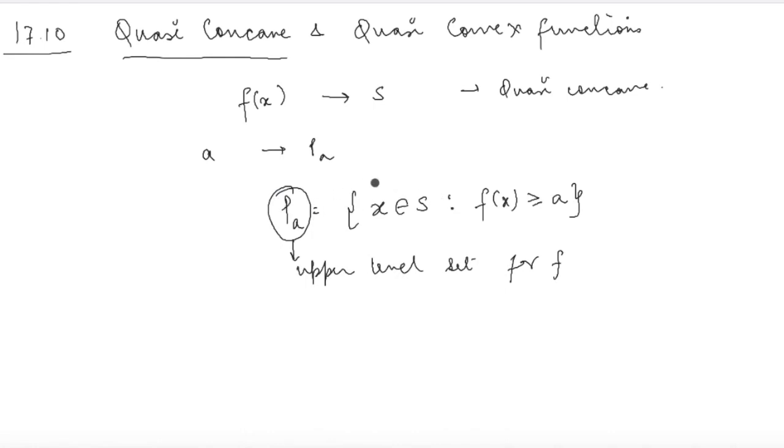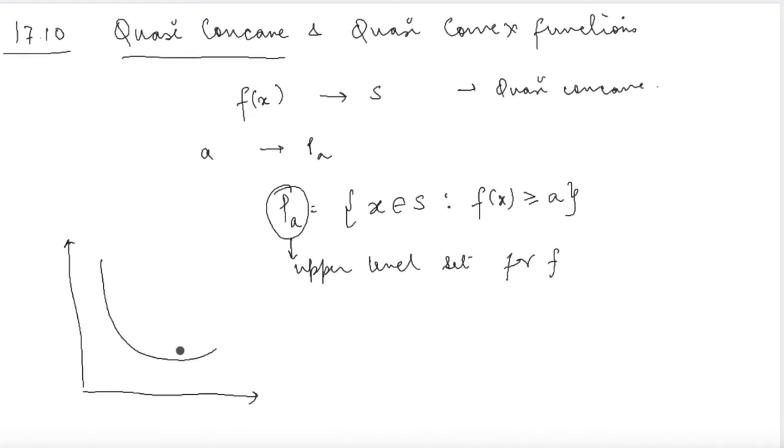This set comprises all such x points, all such input points. Say this is one of the level curves of a given function. So say f of x is the function, and the curve we have drawn here is a level curve for value a.